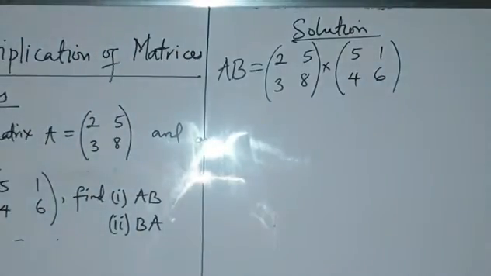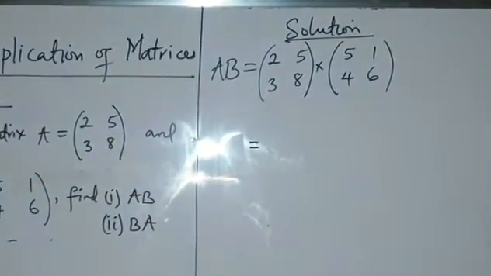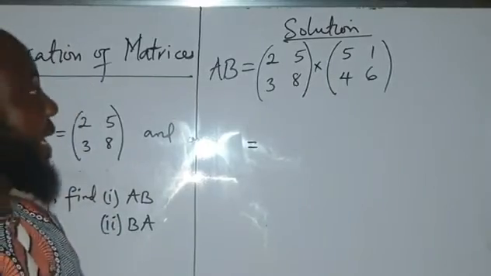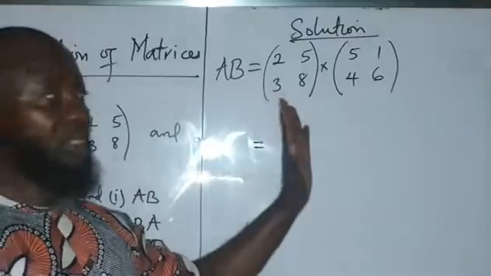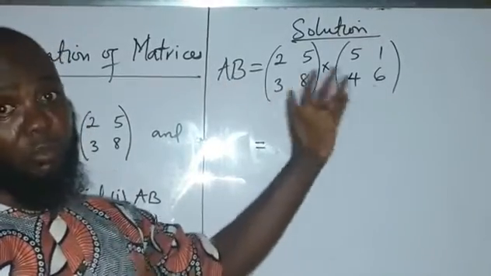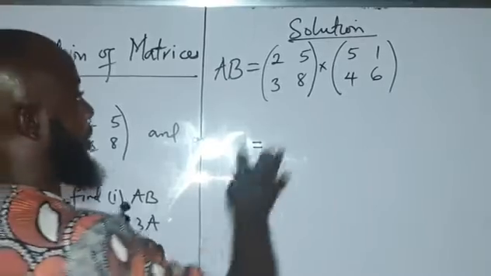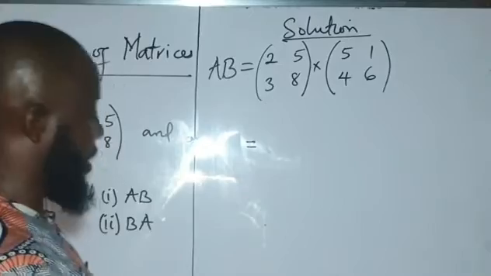So we want to multiply this. Let's see how our answer will go. For the first thing, these two matrices have met the condition for multiplication. That is, the number of columns in the first one is 2, while the number of rows here is 2. They are the same, so we can multiply them.